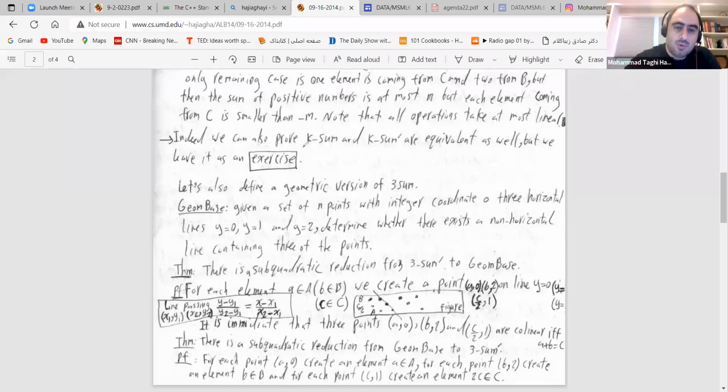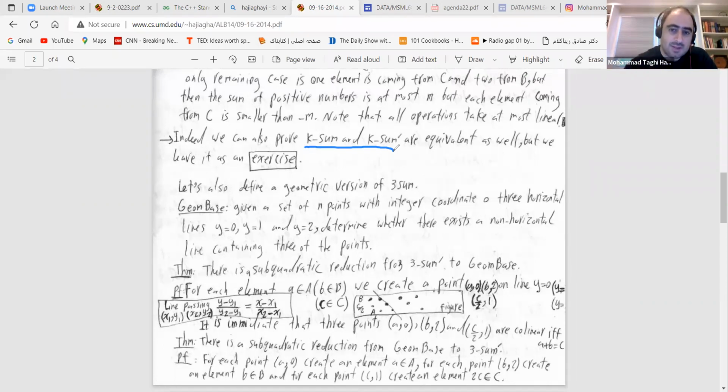You can prove similarly that k-sum and k-sum prime are equivalent as well. Essentially, k-sum is that you have k numbers from the sets A, B, C such that their sum is equal to 0. And the k-sum prime is that each of them comes from a different set among the k sets. So that is a good exercise.